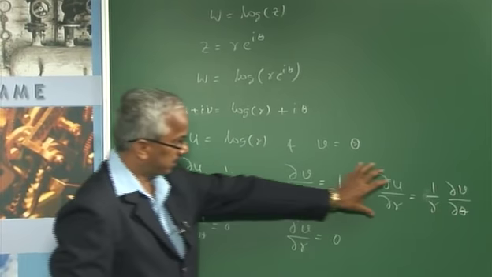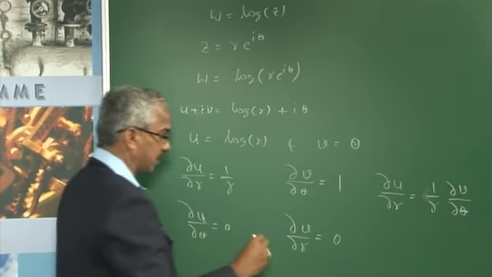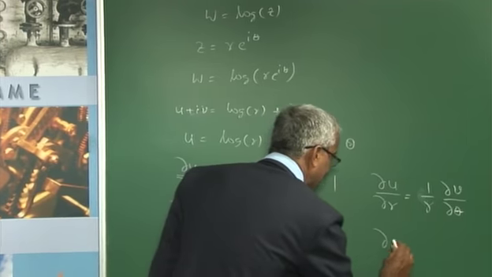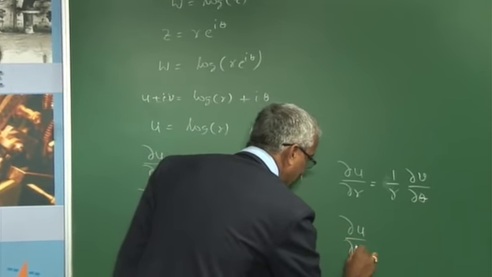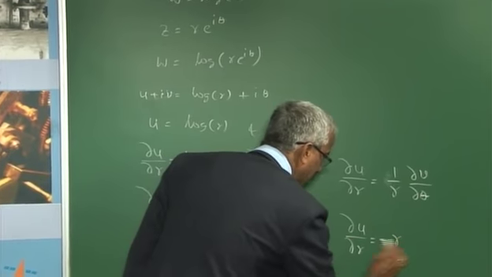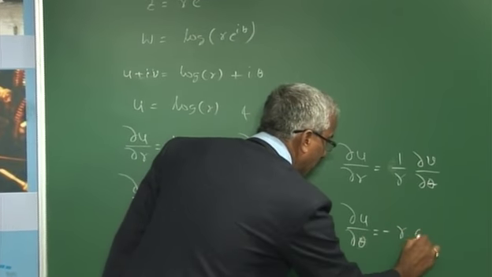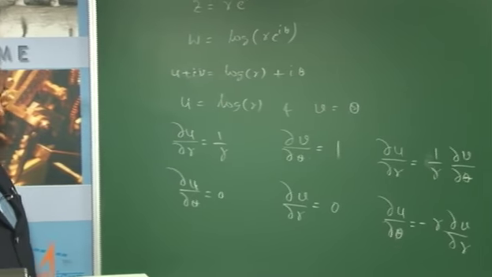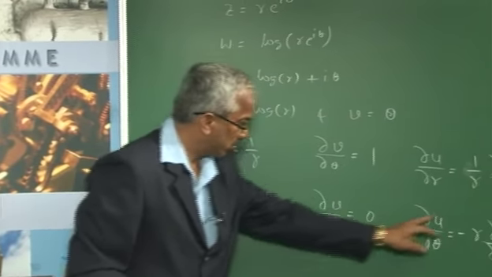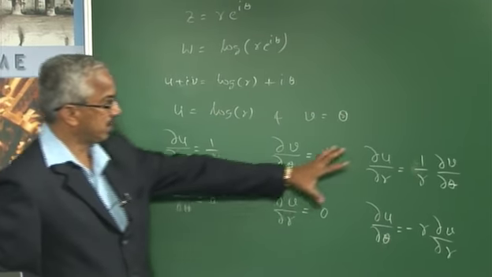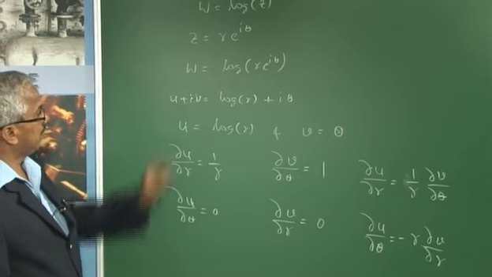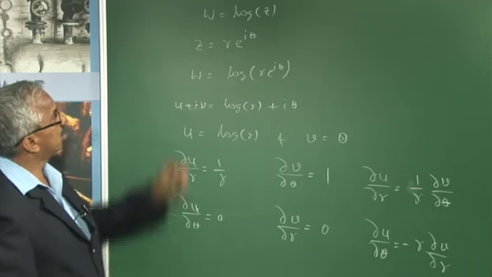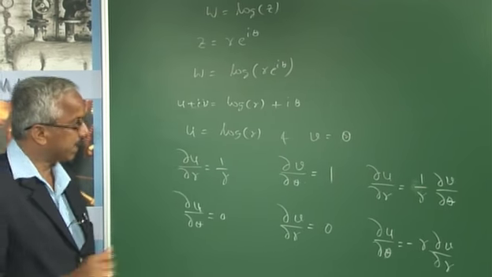Therefore, the first CR equation is satisfied, and the second CR equation is dou u by dou theta is equal to minus r into dou v by dou r. Since dou v by dou r is 0 and 0 into r is also 0, dou u by dou theta is also 0. Therefore, the real and imaginary parts of log z satisfy the CR equations.